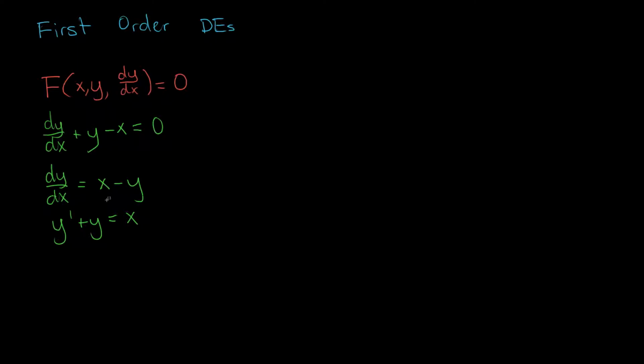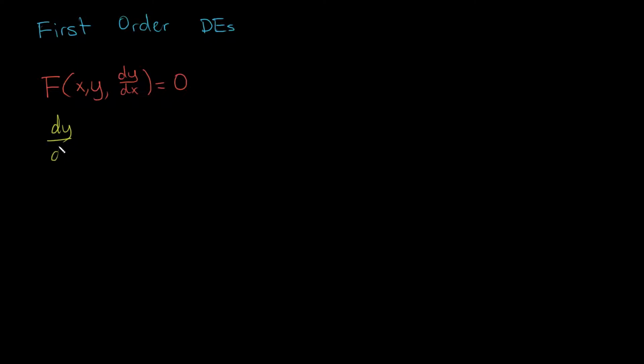You can get any different ways of combining x, y, and dy dx, so you can reach all different first order differential equations. Now, what we're going to focus on for this video is a very special form of this first order differential equation. This is the form where we have that dy dx equals a function of x, f of x, times a function of y.